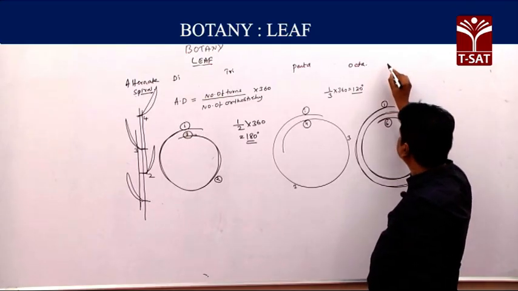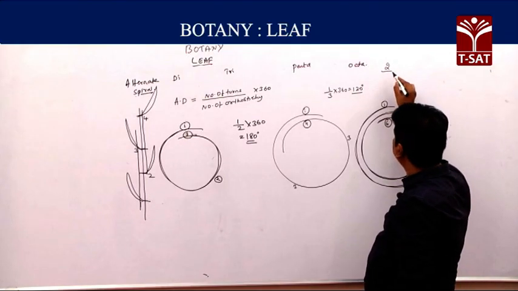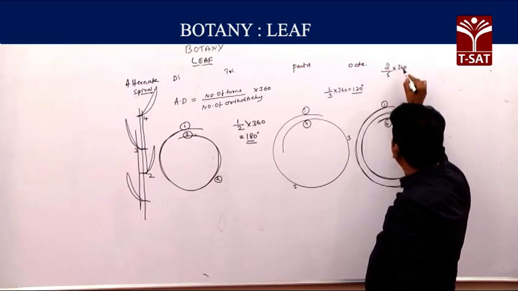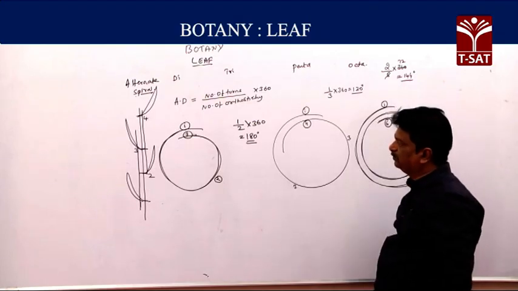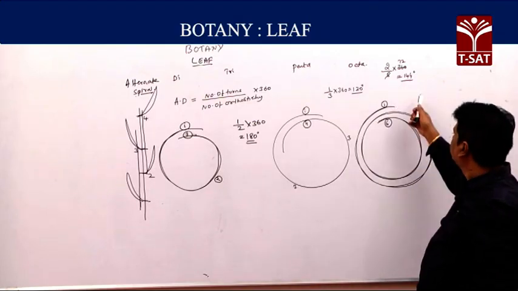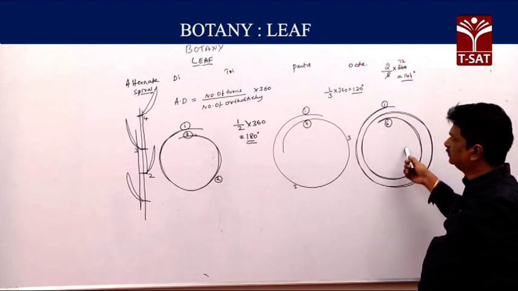So number of turns 2, number of leaves 5, so 2 by 5 into 360. 5 sevens are 35, 5 twos are 10. So the answer is 144. So the angular divergence is 144 degrees.